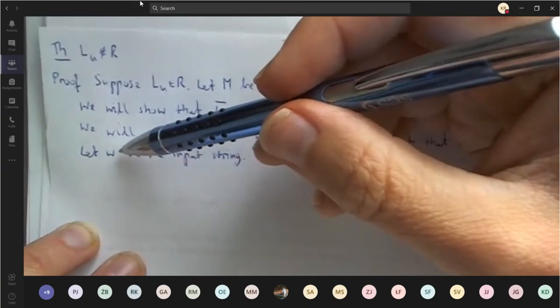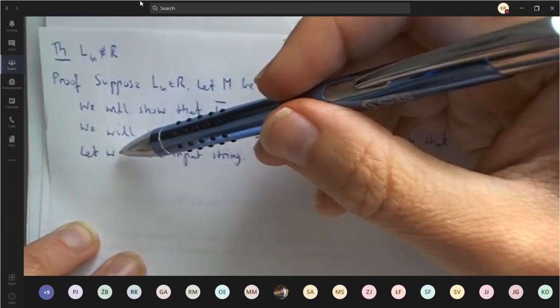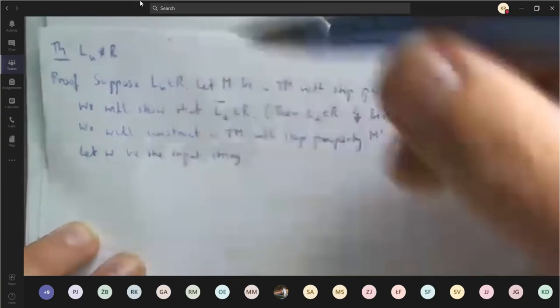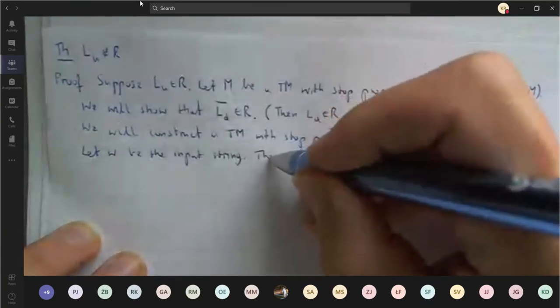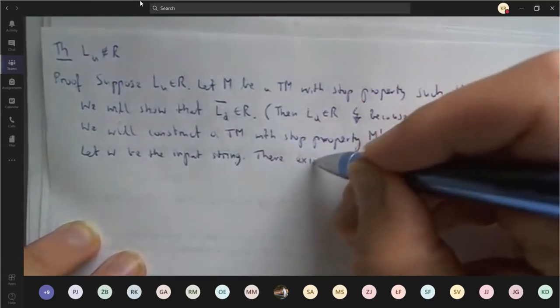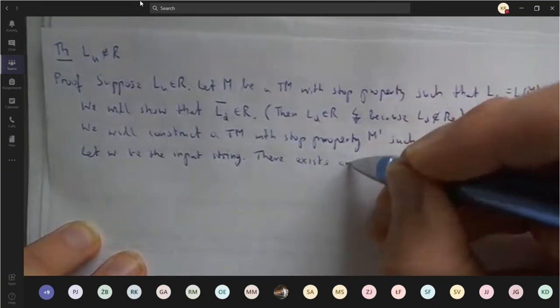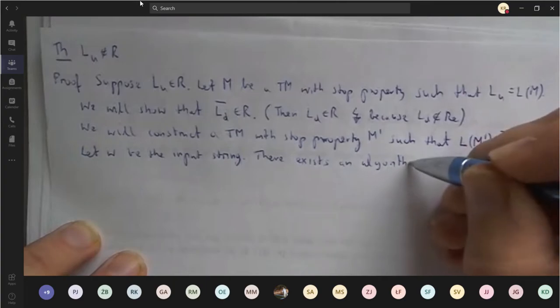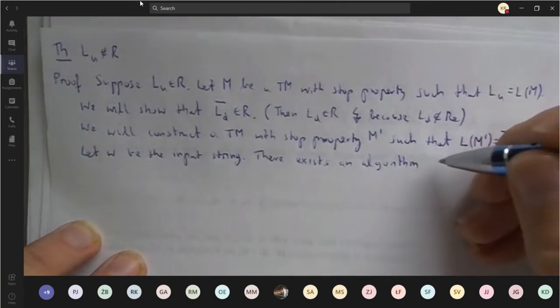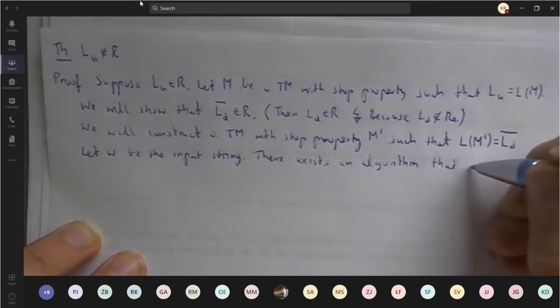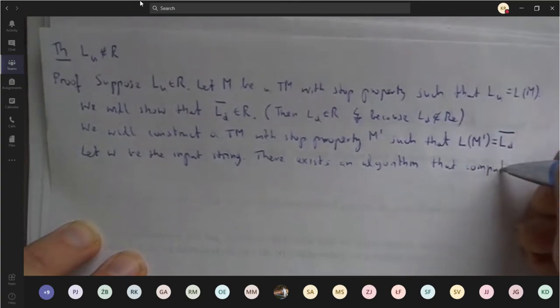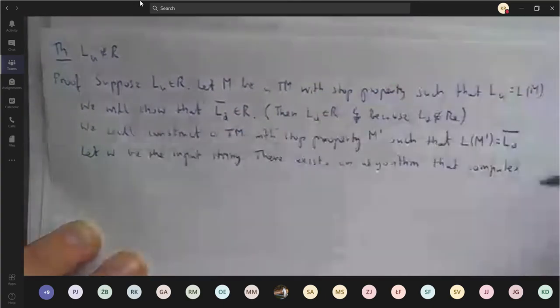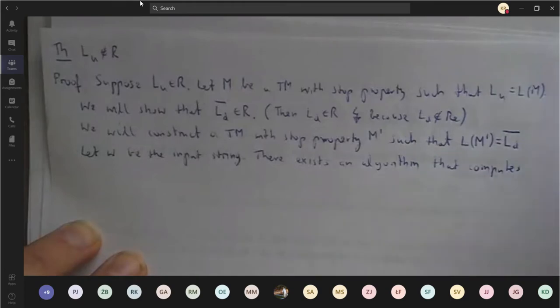So of course, there exists an algorithm, a Turing machine with stop property, that computes the index of W in the canonical order.